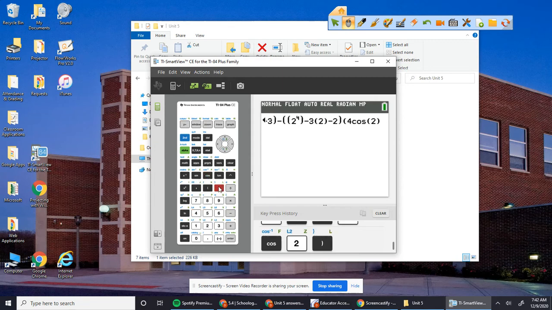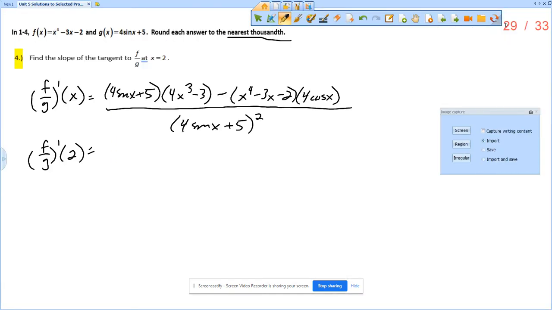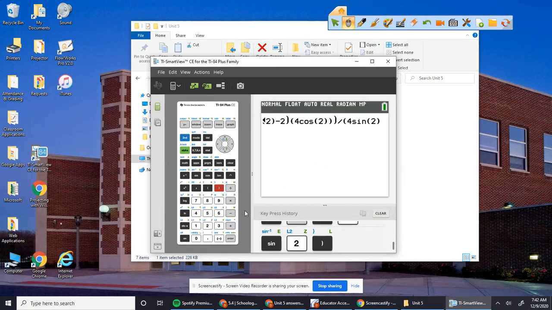That closes parentheses on the 4 cosine, that closes parentheses on the numerator, and then divided by 4 sine of 2 plus 5, quantity squared. So plus 5, close parentheses on the denominator, and then square it.